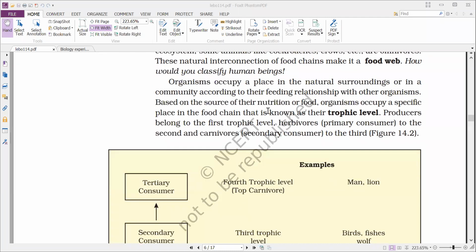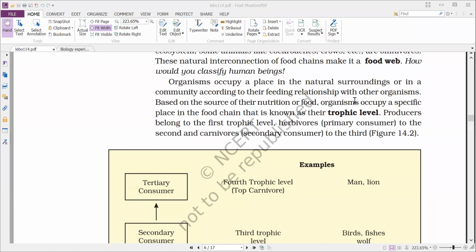And next, organisms occupy a place in the natural surroundings or in a community according to their feeding relationship with other organisms. That means depending upon their feeding habits. If the food material that is required for that organism is available in that environment, in that area, that organism will survive.